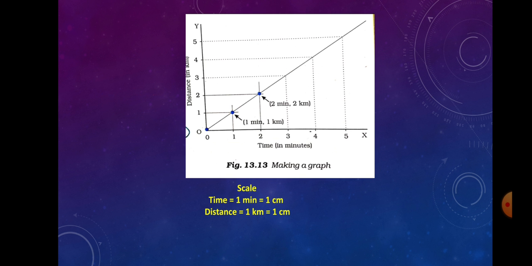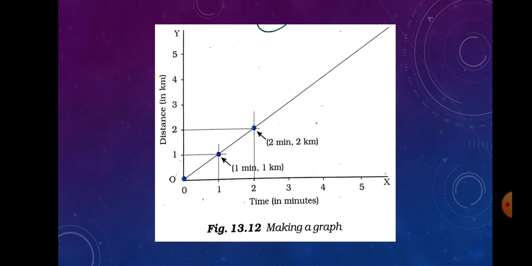So we will draw a line graph like this, and the scale we will give is time 1 minute equals 1 centimeter, and distance 1 kilometer equals 1 centimeter. This is also an example of how to make a line graph, by making perpendicular lines on these points, as you can see.